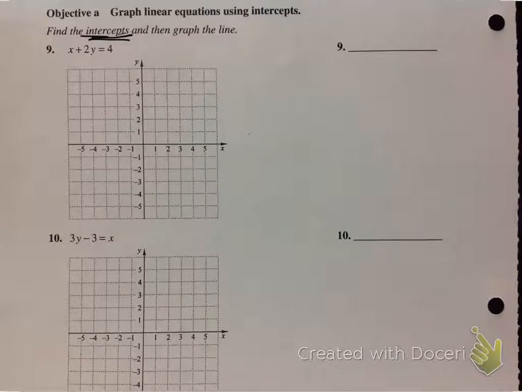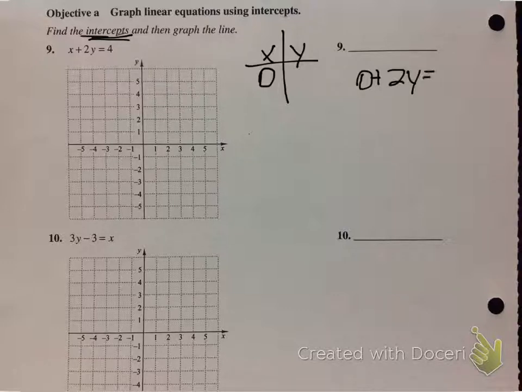And when you're crossing an axis, the number 0 is involved. So if I'm going to find intercepts, I like to make a tiny t-table, and I'm going to plug in 0 for x. This is going to give me a y, or a y-intercept. So if I plug in 0 for x, I get 0 plus 2y equals 4, which is 2y equals 4.